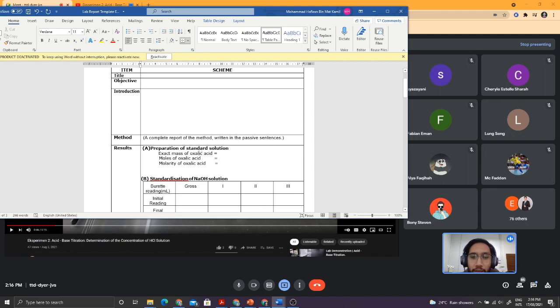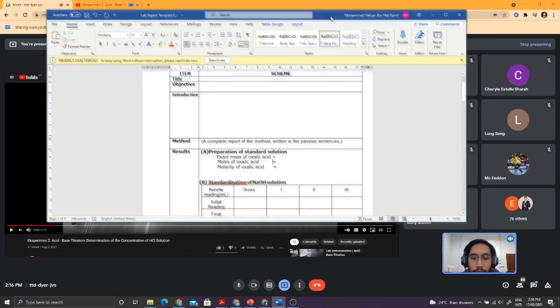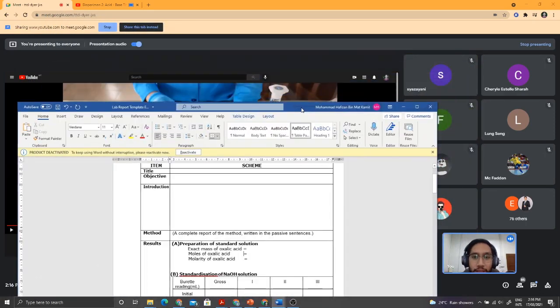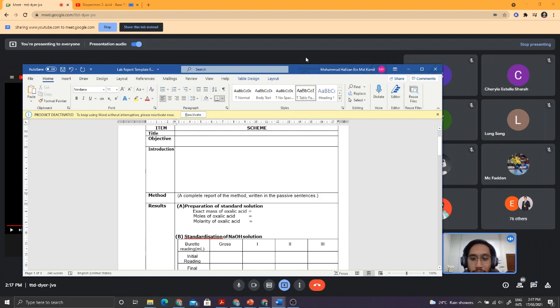The exact mass of oxalic acid: it says 3 grams, but if you write 3.0 grams, your marks in the lab test might get deducted, because any data we record is based on the accuracy of the instrument.